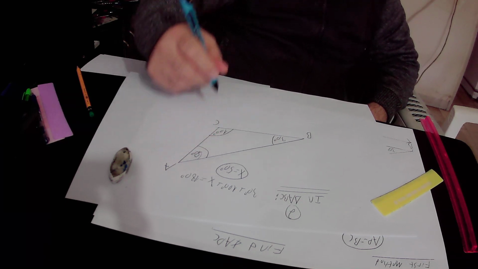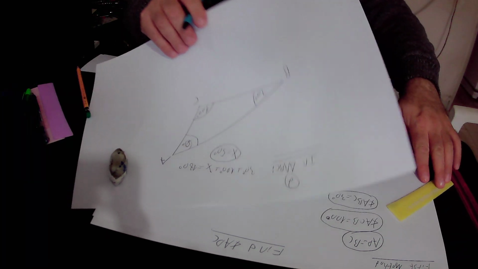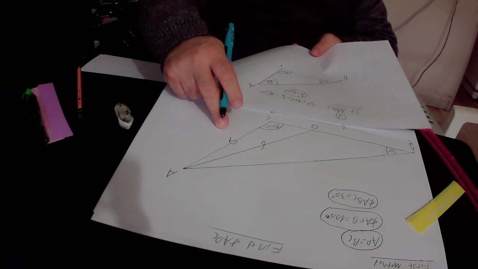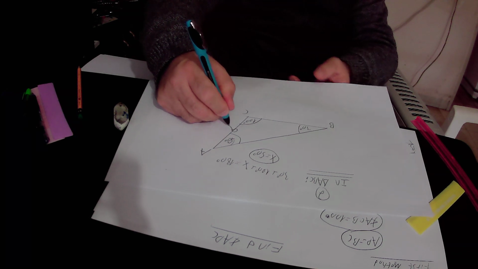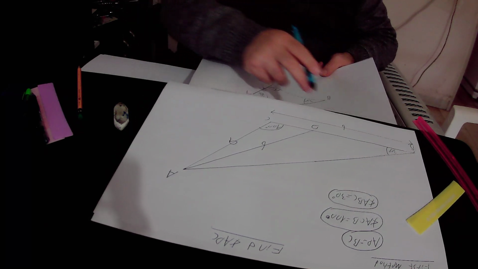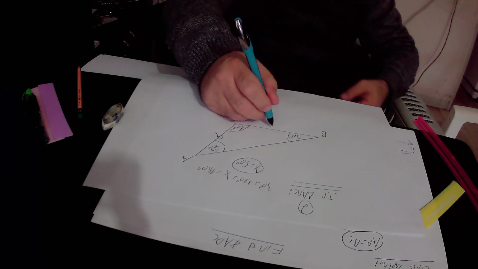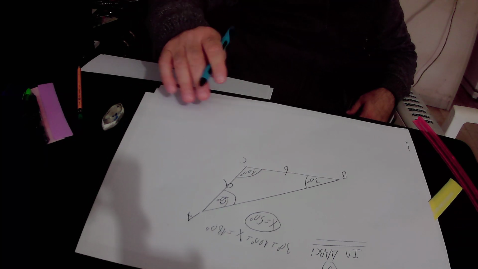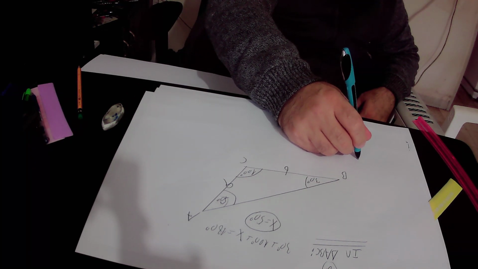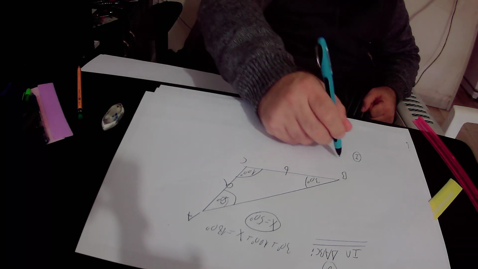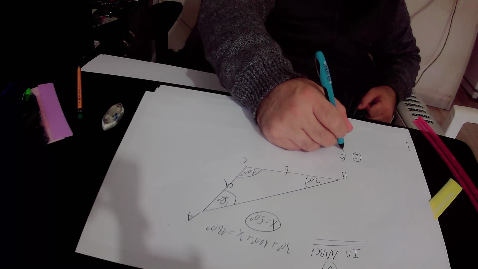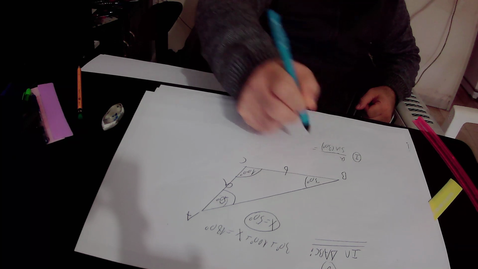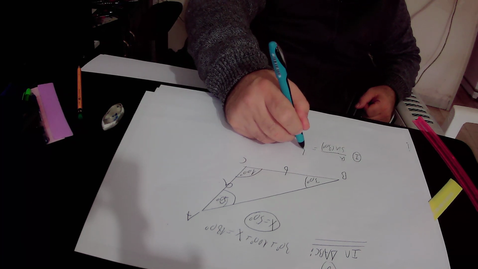And now we will implement, first of all, AC equals A according to our definition, and BC equals B according to our definition. So according to the law of sines, we will get that A over sine 30 degrees equals B over sine 50 degrees.